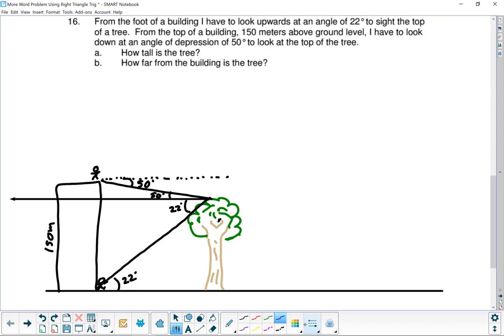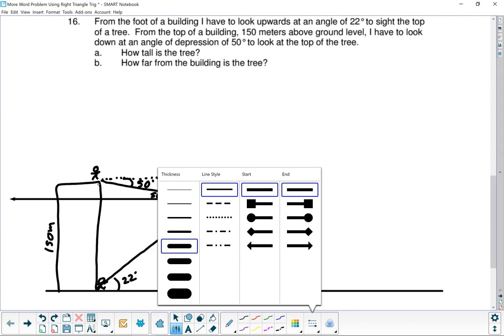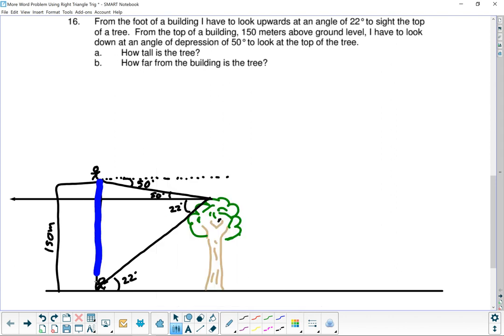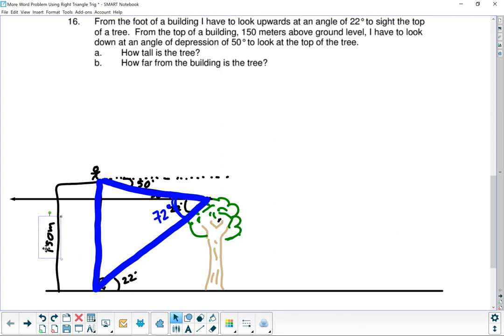Let's just look at this blue one, because I am going a little long, so I don't want to spend too much time thinking. Let's look at this triangle here. That's 50 plus 22, so this whole angle here would be 72 degrees. And we know the opposite side, or we know this side is 150 also.